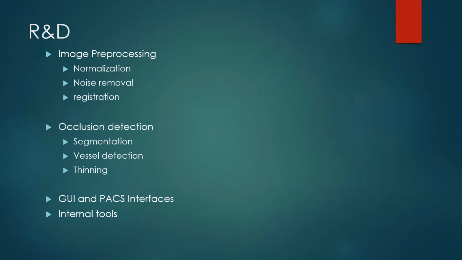The PACS interface is how you integrate your system into the hospital, because hospitals have their workflow and their image servers, and our system is supposed to work with them perfectly. That's why our system needs to talk to the PACS server.